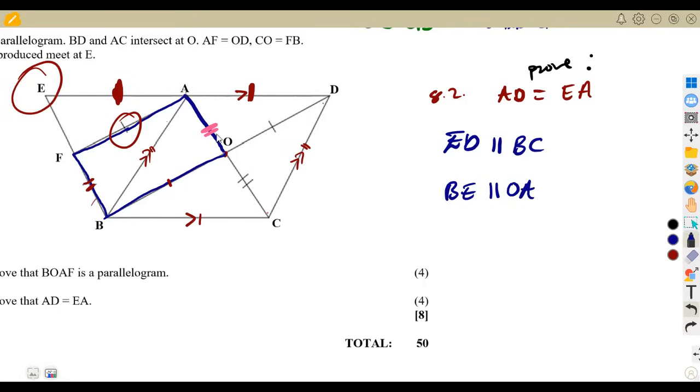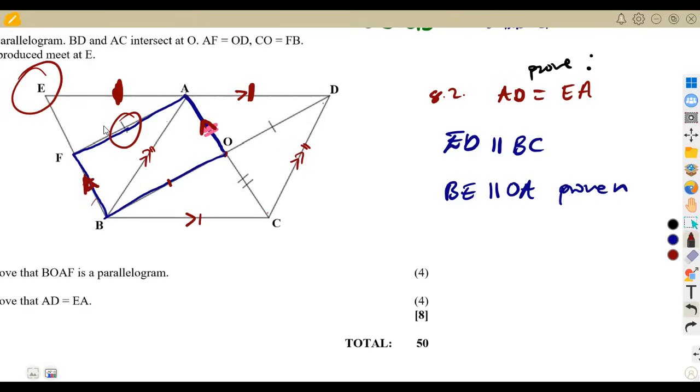We talked about this from the properties, because we proved that this is a parallelogram. Remember, we proved that it's a parallelogram, so this one is already proved. That is proven. So if these two lines are parallel, then what are we going to get?